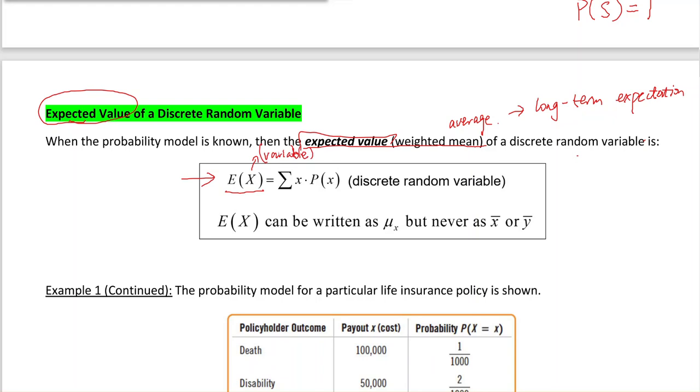So the expected value of this random variable equals to, still remember this sign, right? So actually this is the summation sign, right? So it is the sum of this term. So what is this term? This X will be the outcomes, right?